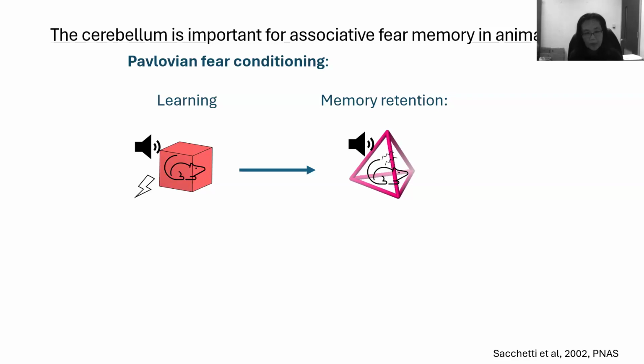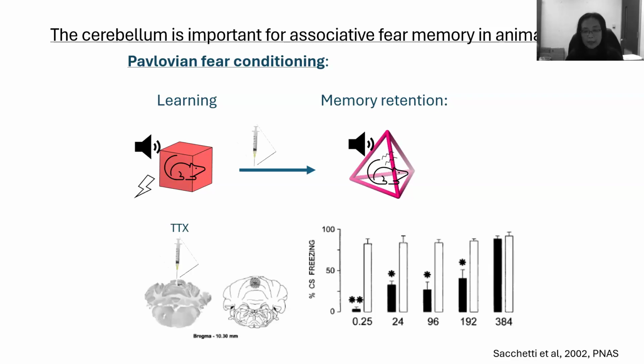The work done by Sacchetti in 2002 has shown that after the fear conditioning learning paradigm, they injected tetrodotoxin into the cerebellum to inactivate the activity of cerebellar neurons. In this graph, it's in the cerebellar cortex.